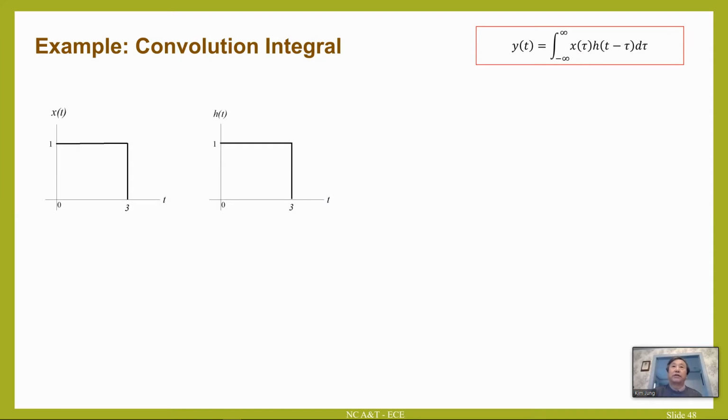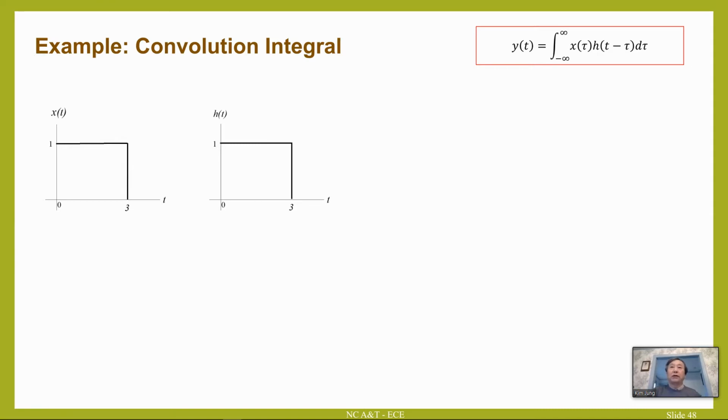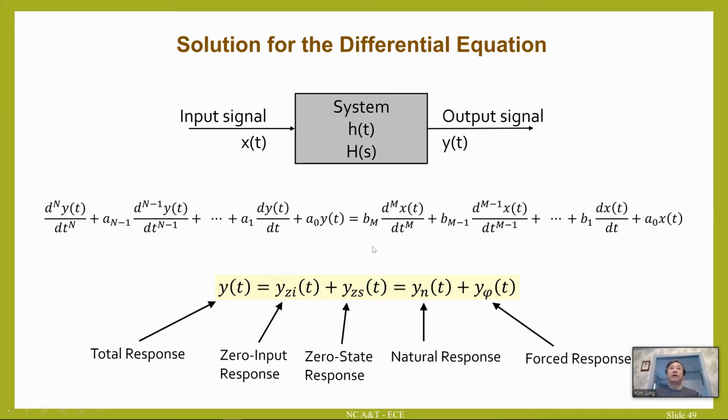All right, so this is for you. Now we are doing the solution of differential equations. Input and output: convolution directly solves for the output from the input pattern, in the case where we already know the system impulse response in the time domain, h of t.